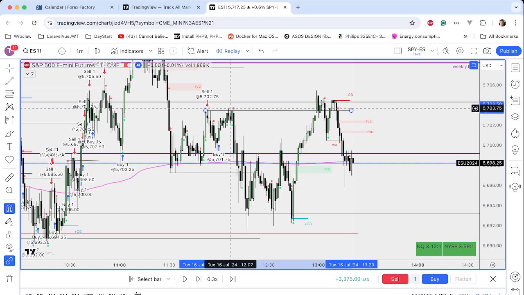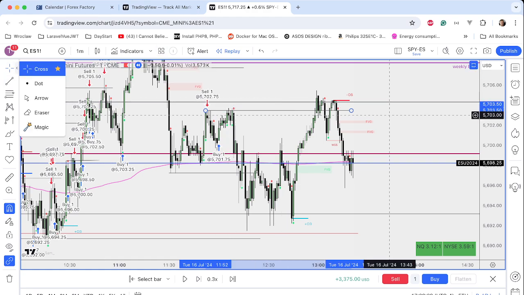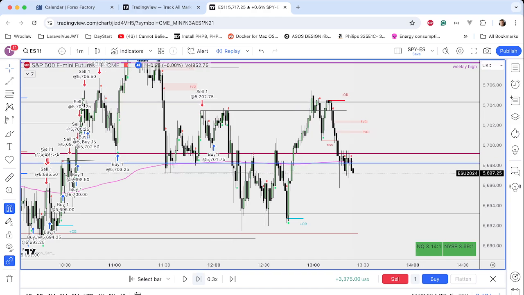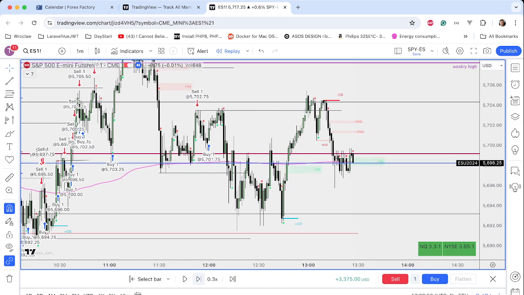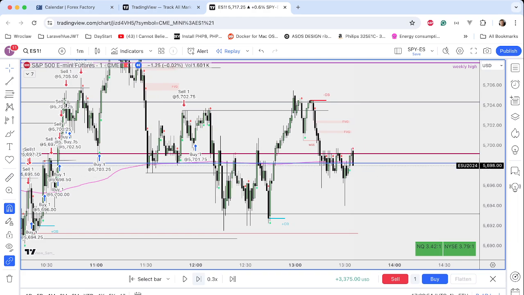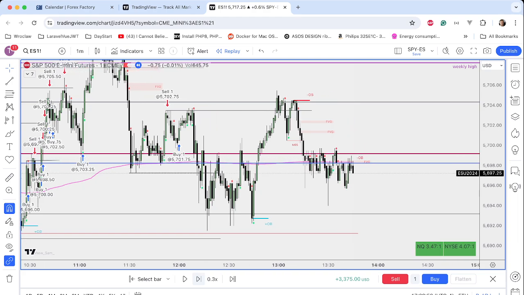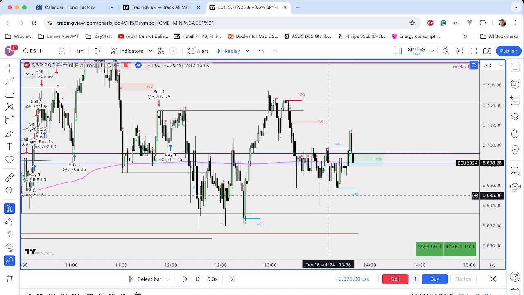They took it by one tick, it's nothing. This is why they decided to take everybody out. I think we're gonna go lower. We went lower, not low enough.